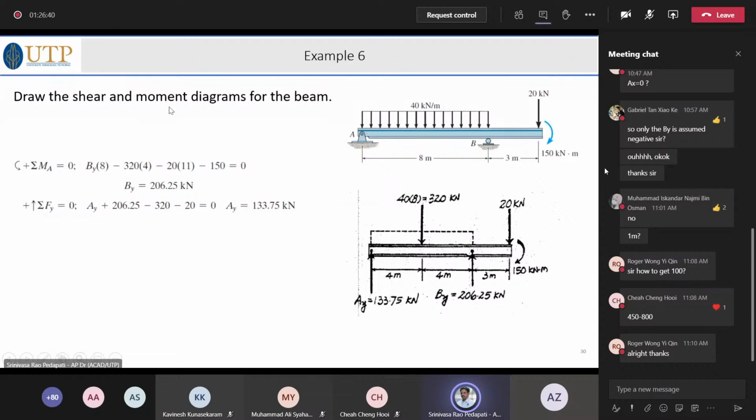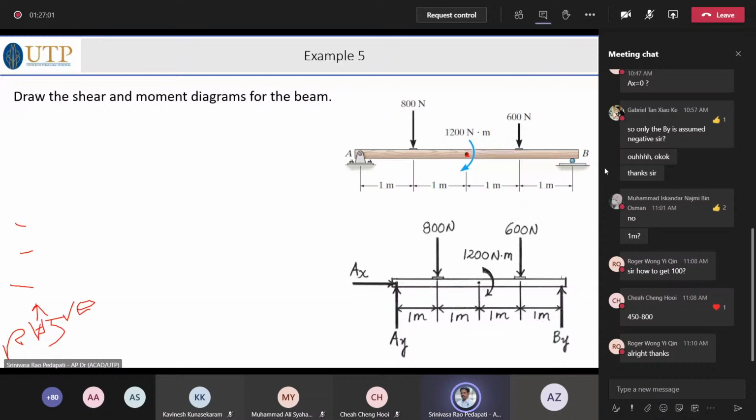Draw the shear force and bending moment diagram for the beam. When a beam has a uniform load, your equation becomes somewhat difficult. It is not just like the previous problem, where moment is 800 times distance, 600 times distance, and reaction times distance.